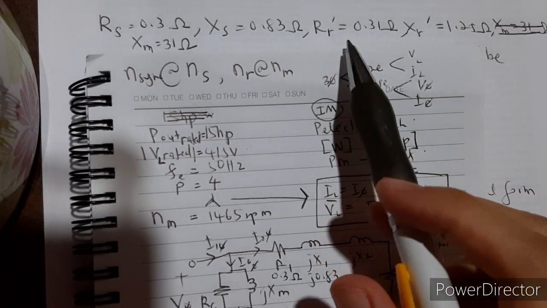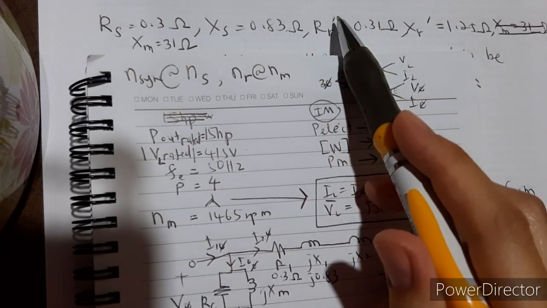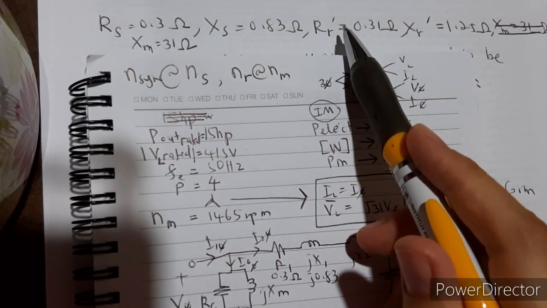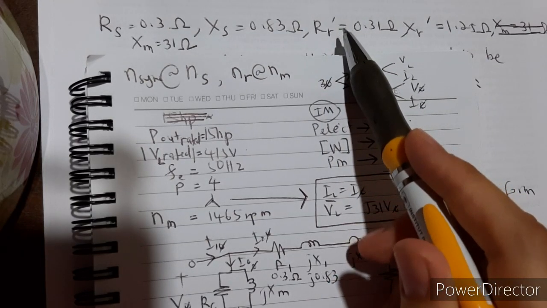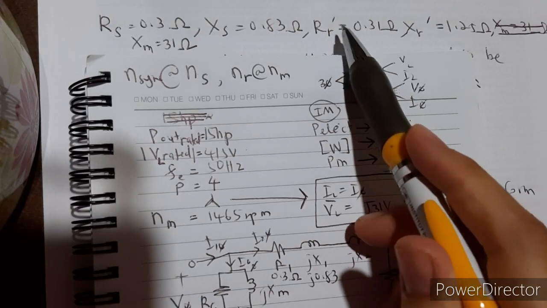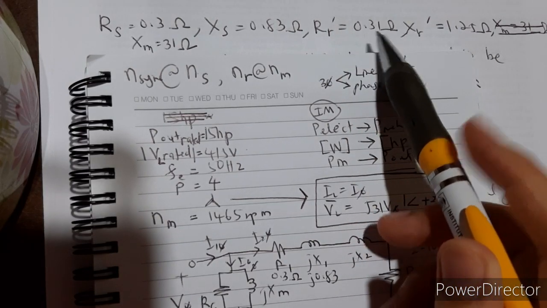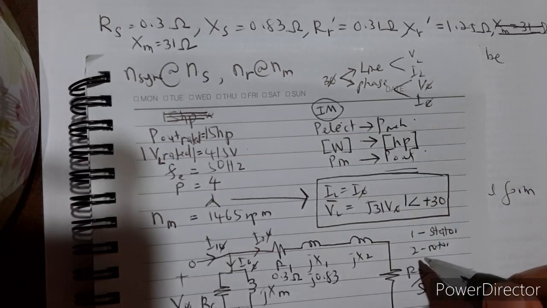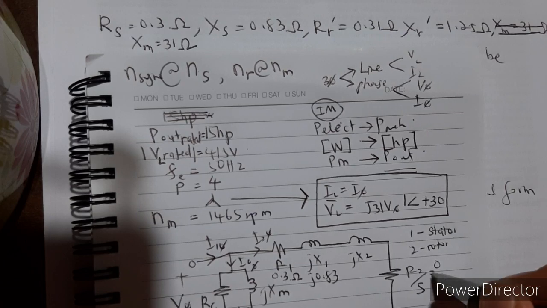Then RR, where the prime is actually a symbol of rotor referred to stator, no need to worry, that is 0.31. So RR is R2, 0.31 here.